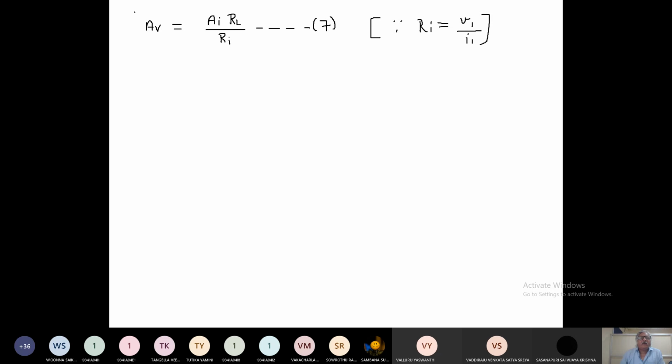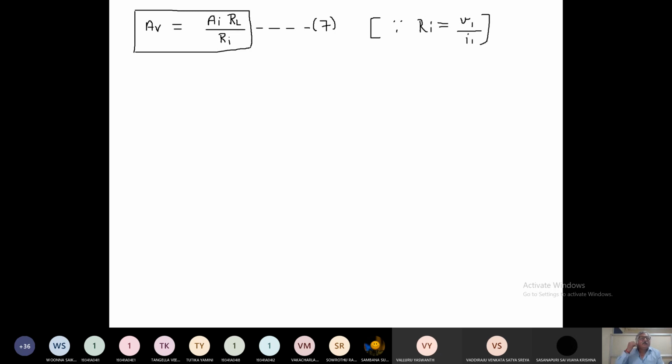So see, now you have got the expression of voltage gain, right? See the sequence in which we calculated these parameters. If you follow the same sequence, you have already calculated the value of current gain AI, and already we have calculated the value of input resistance Ri.